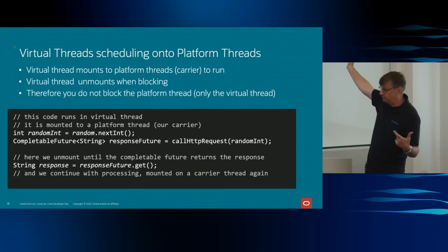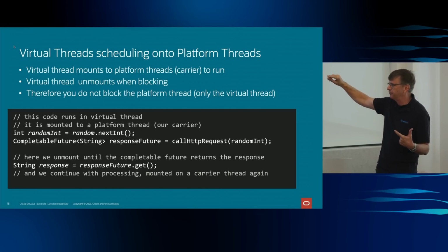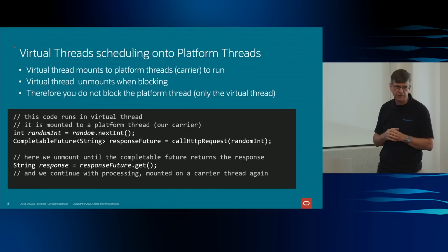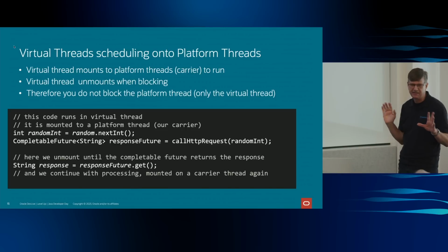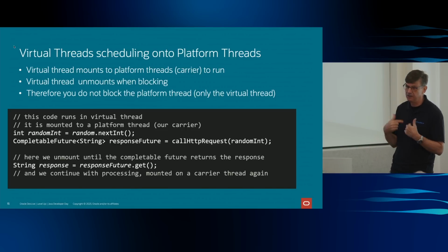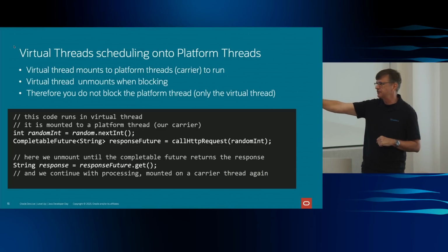So now that HTTP request is off, it's executing at some point in the future. All non-blocking so far, so we're still running on that carrier thread. But then, since I'm in a virtual thread, I know I can block. It's okay. So instead of doing some asynchronous stuff to be called when I'm executing in the future, I can just do response future.get.